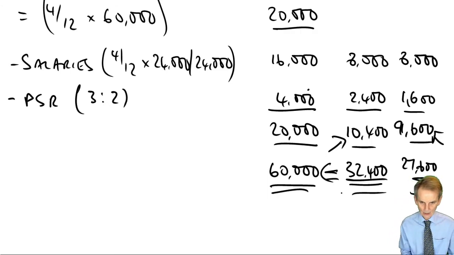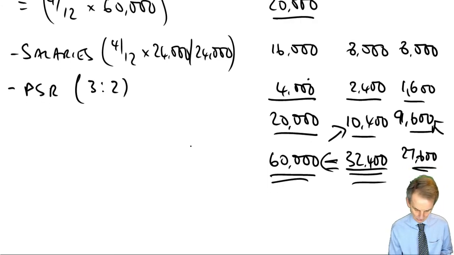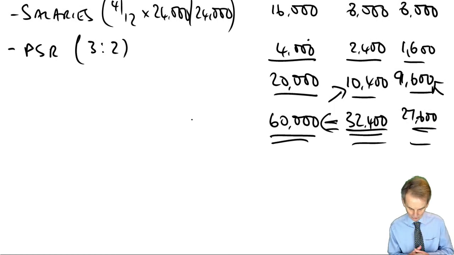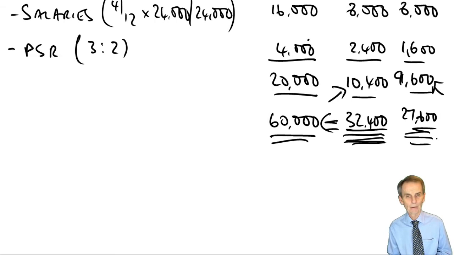And what that would mean, though it may not be required in your exam question, if it is just a Section A question, but what you now know is that for this continuing business, for the year ended 31st of December 20, which will be assessed using CYB in the 2021 tax year, £32,400 will go to the income tax computation of partner A, and 27,600 will go to the income tax computation, again for the 2021 tax year, for partner V.